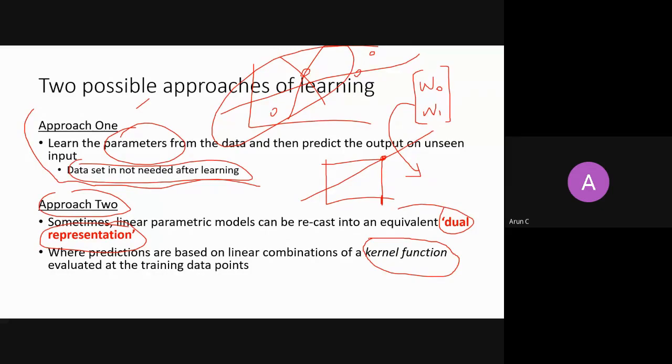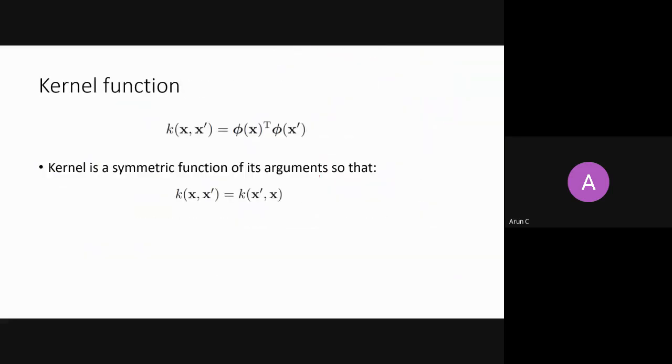So keep this in your head: in approach two, we are using data sets directly, and there we have an opportunity to exploit things, and to exploit them, we use kernel functions. Okay, so this is a bit abstract. Let's go into the detail and try to understand what the opportunity and exploitation are.